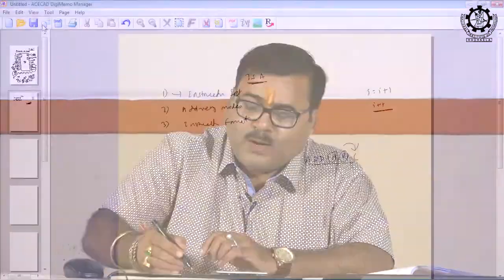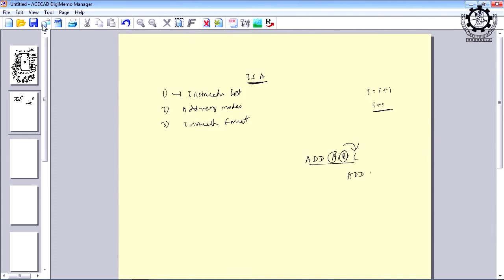Right. So, what does 8085 suggest? You have to write add B so that the instruction length will be less and A will be implicit. And this part is called opcode, the operation to be performed, and this is called operand, the data to be operated. And we shall see that 8085 never allows beyond 2 operands at a time.